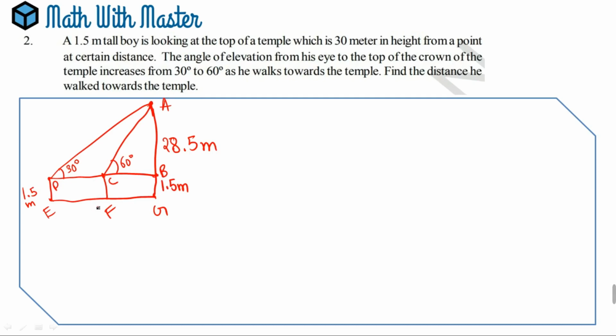So to find CD, the thing we have to do is we should first take the value of BC from triangle ABC.